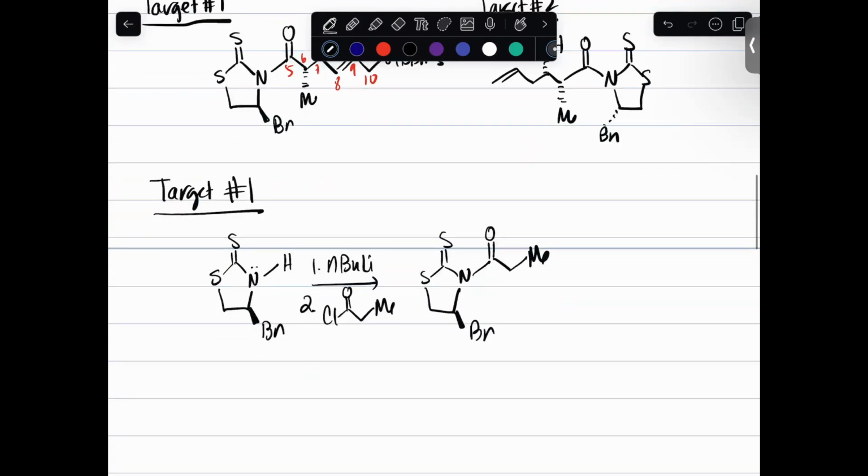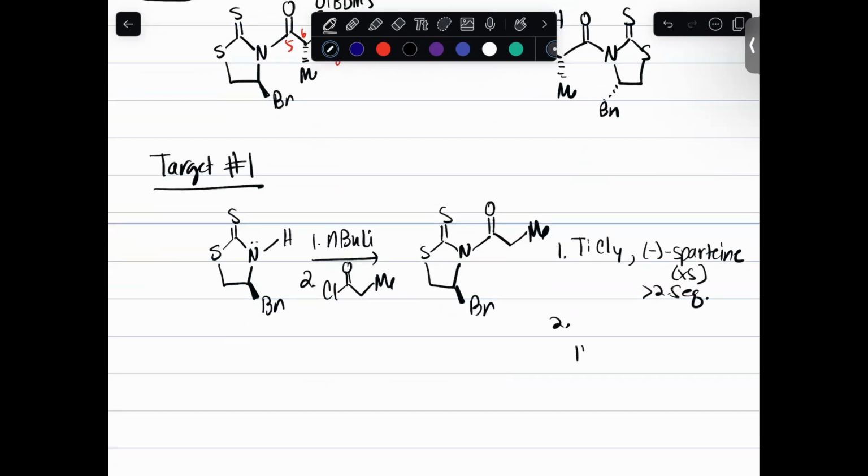He treats his thiazolidine thione acylated system with titanium tetrachloride, sparteine. And in this case, he uses an excess of it, so greater than 2.5 equivalents, followed by his commercially available aldehyde, which is an alpha beta unsaturated system.